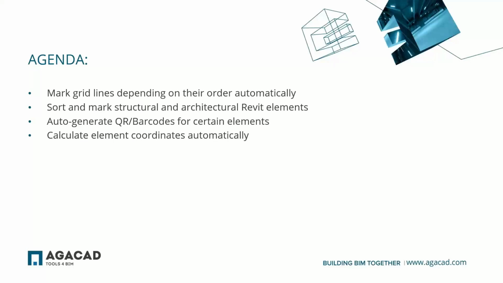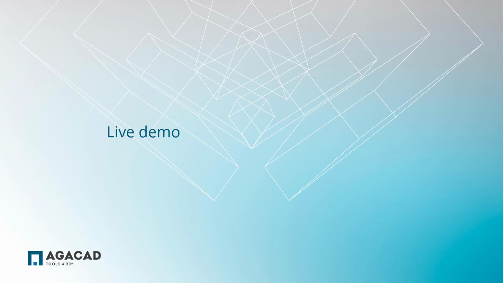Also, I will present the auto-generate QR and barcode system, which is quite new in the SortMark tool. And I'll cover also some other features of the tool, such as calculation of the coordinates, elevations, etc. So let's start with our first module.